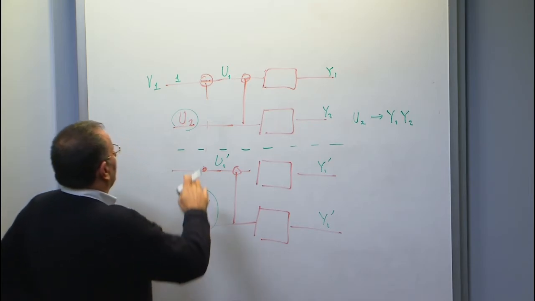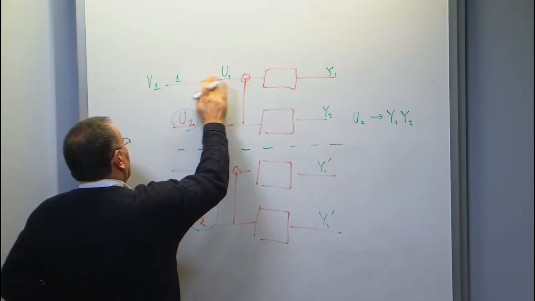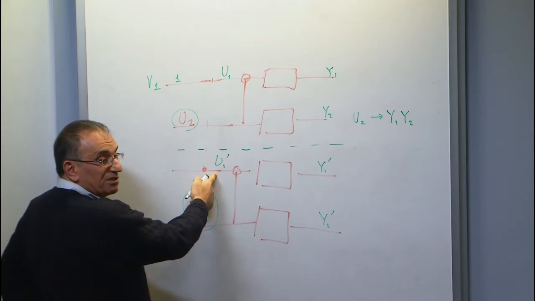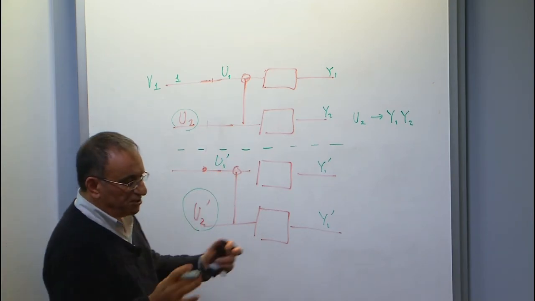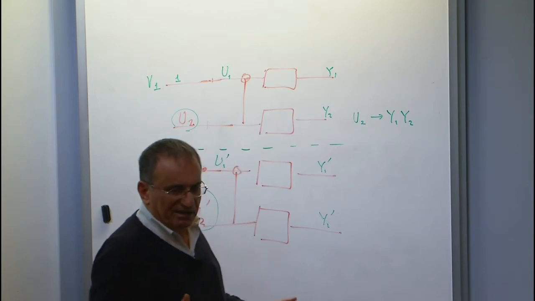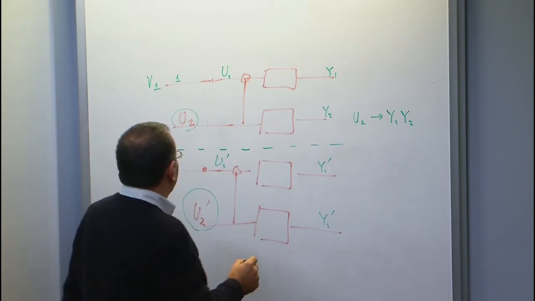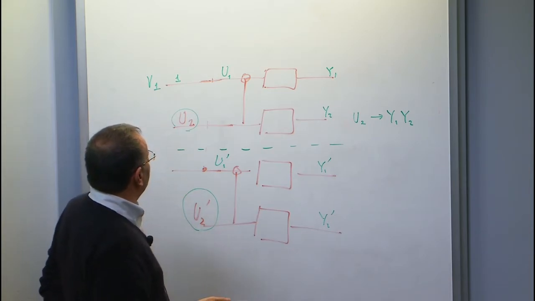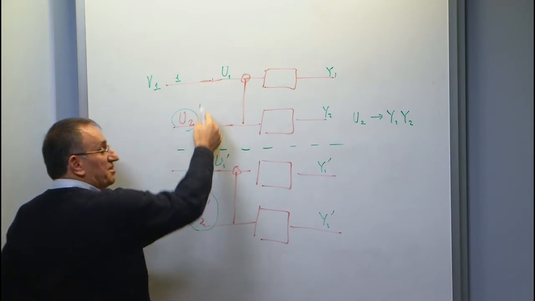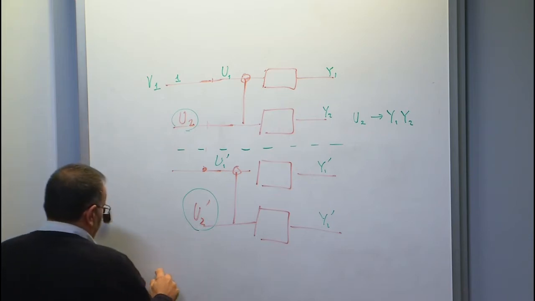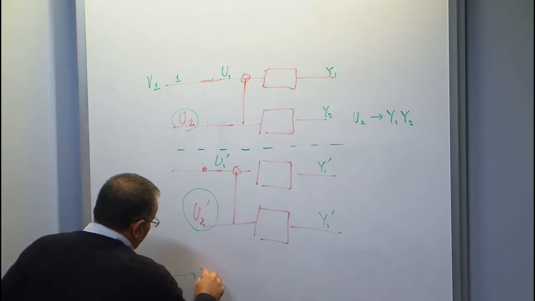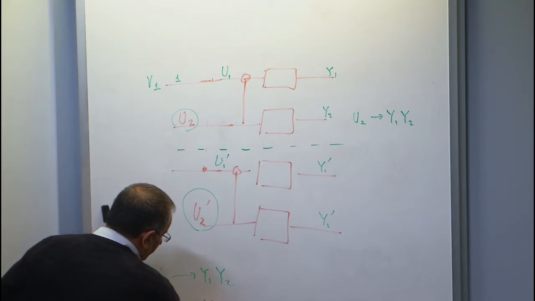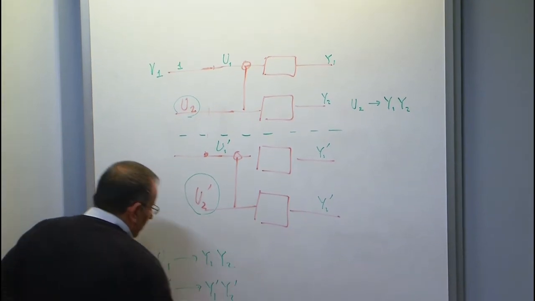Let me start over again. I have a U1 channel and a U1 prime channel. These are virtual channels, but abstractly, they are channels. So there is nothing that should prevent me doing this on these channels, namely U1 going to Y1, Y2, and U1 prime going to Y1 prime, Y2 prime.